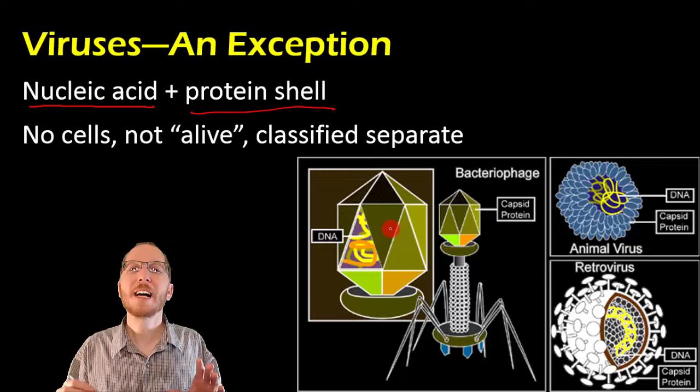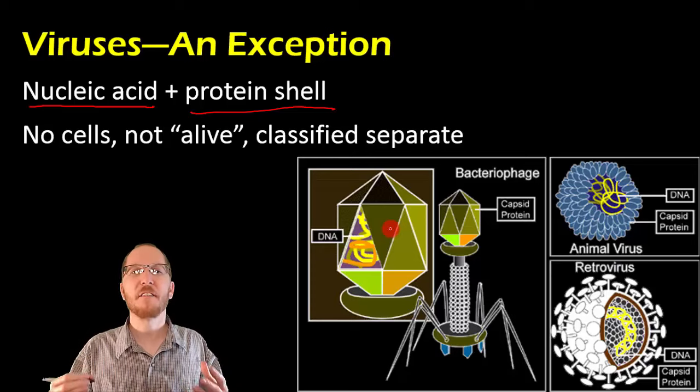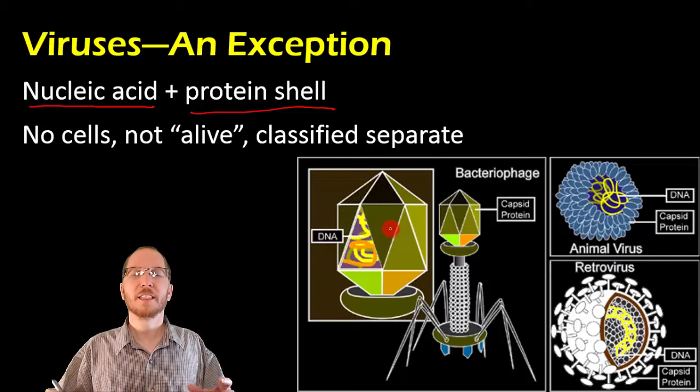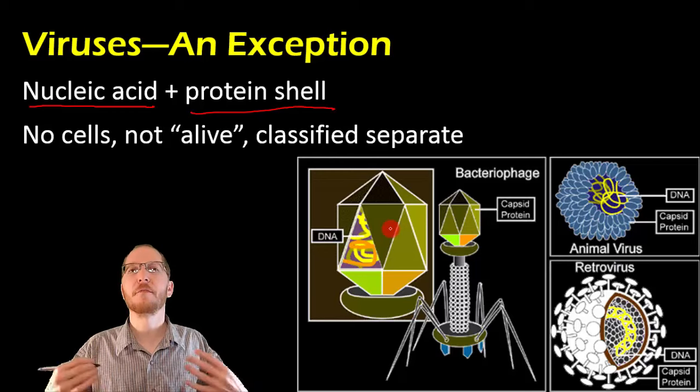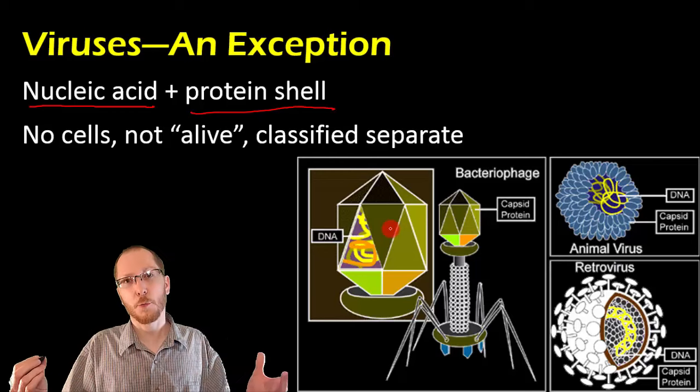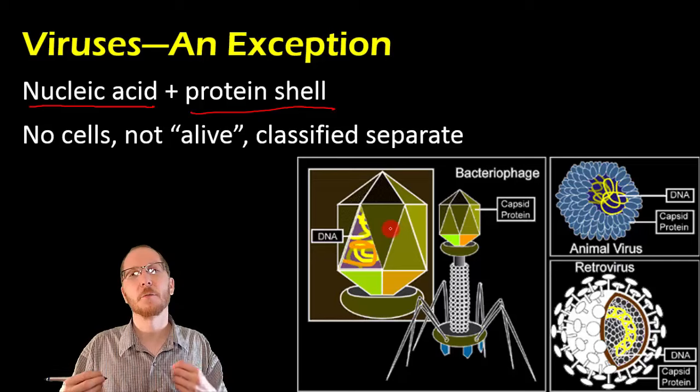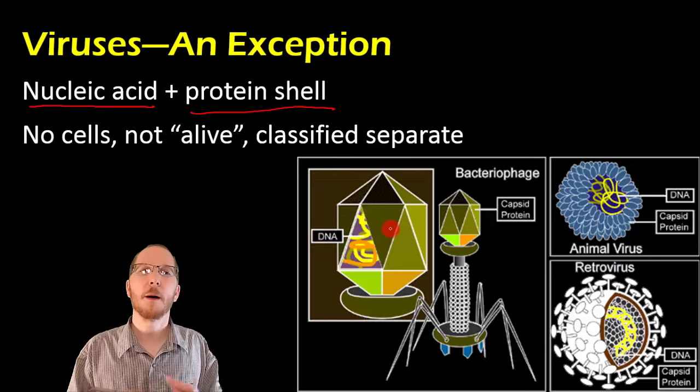Now, while we do classify viruses, the system we use to classify them is a modified system. If you're talking about taxonomy, viruses are oftentimes grouped and organized by biologists, but we're not normally going to use the traditional domain, kingdom, phylum, class, order system that we've talked about before.